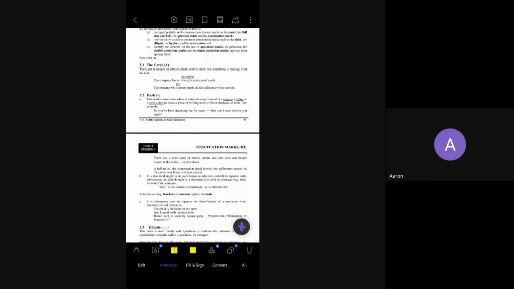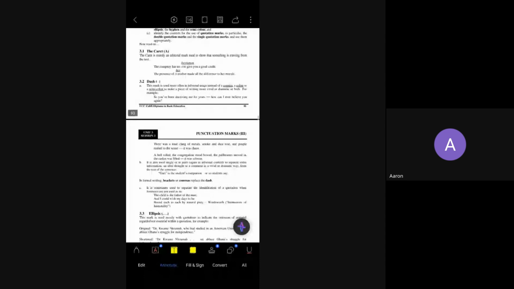Okay, thank you. So I want a feminine voice to give us one example so that we move to the next item. I want a lady to give one example of how we use the caret sign or the omission sign.